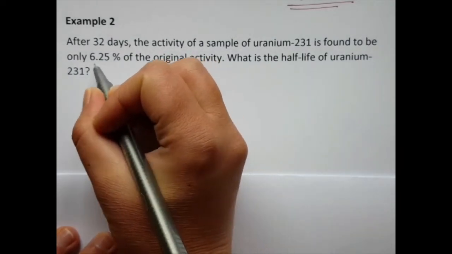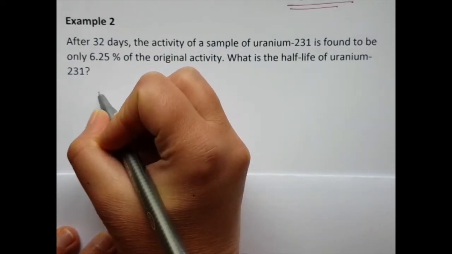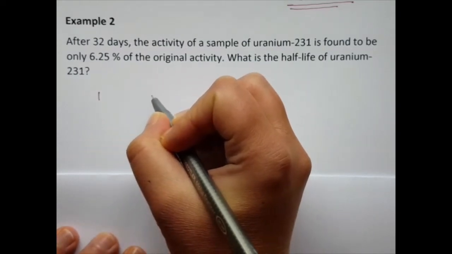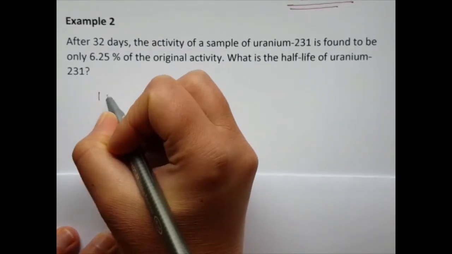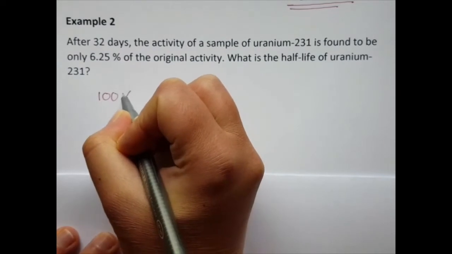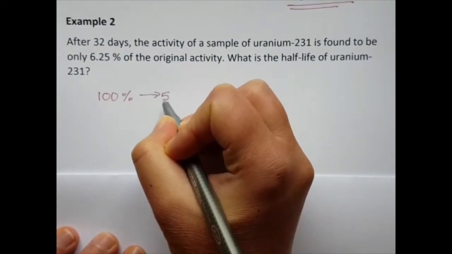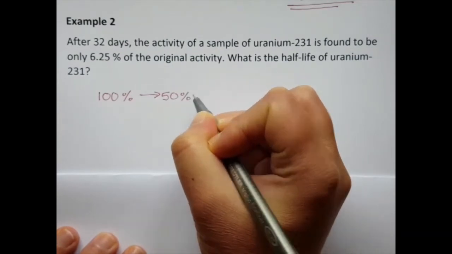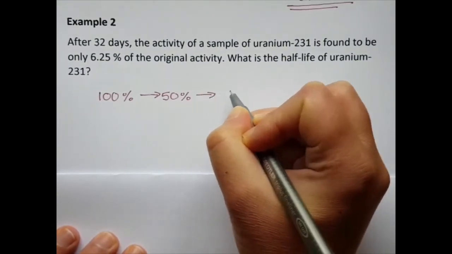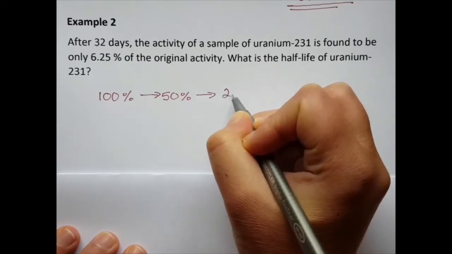This is given in percentages instead of fractions this time. So instead of starting with 1 and then going to a half, a quarter, an eighth, etc., we're going to start with 100%. And we're going to just think about each half-life, that percentage of the activity is halving. So we're going to go from 100 to 50 to 25.